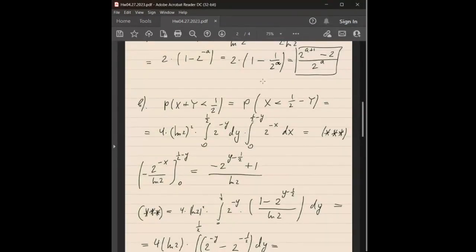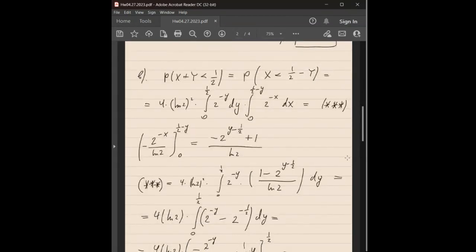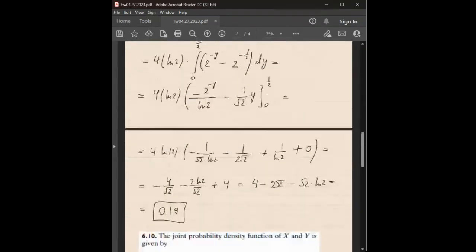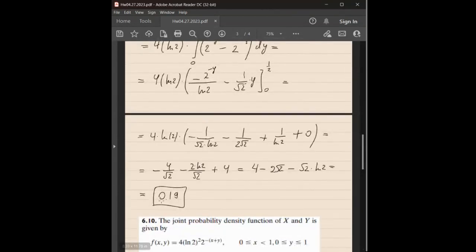Okay, so integration is the same as in part A, but the y integration is from 0 to 1/2, and the dx integration is from 0 to 1/2 minus y. Okay, so that's similar to the calculation in part A, and the result was 0.19.